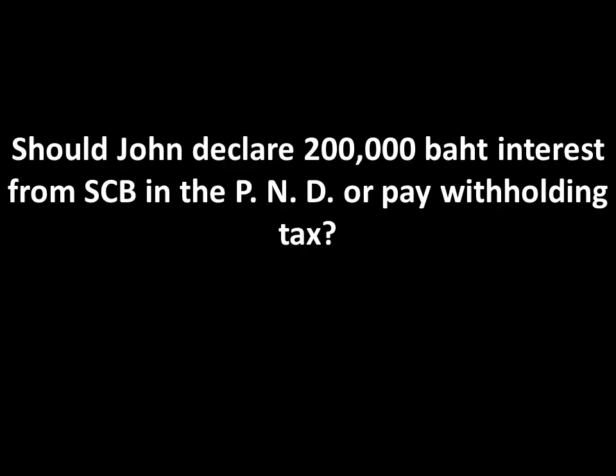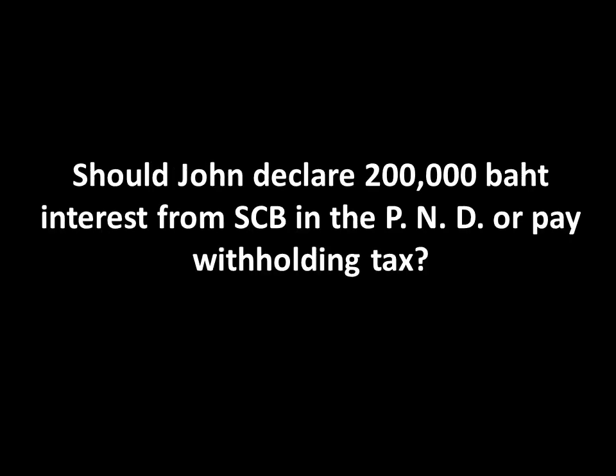Now, I have another question for you. Should John declare 200,000 baht interest from Siam Commercial Bank in the Por Ngor Dor form, the form that is used in Thailand for paying taxes, or should John pay the withholding tax?